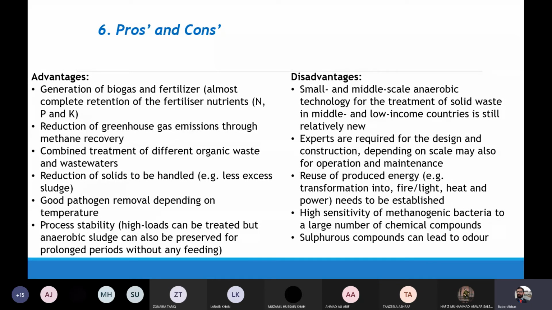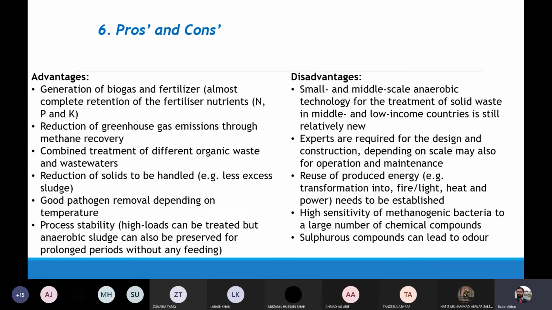So at each and every stage you need expert people who would be monitoring all the activities regarding biogas production. Reuse of produced energy, that is transformation into fire or light, heat and power, needs to be established. Similarly, there is high sensitivity of methanogenic bacteria to a large number of chemical compounds.